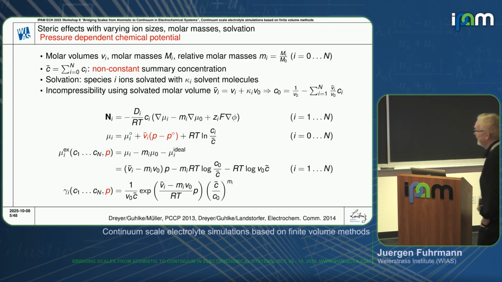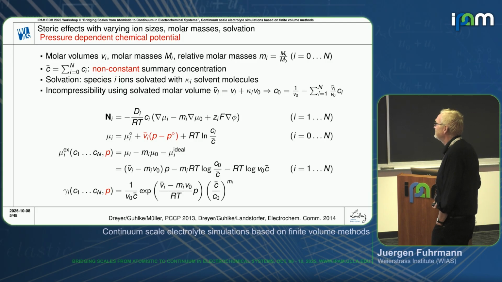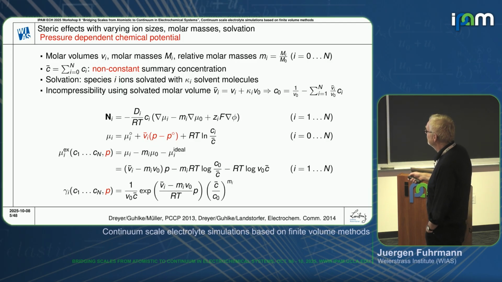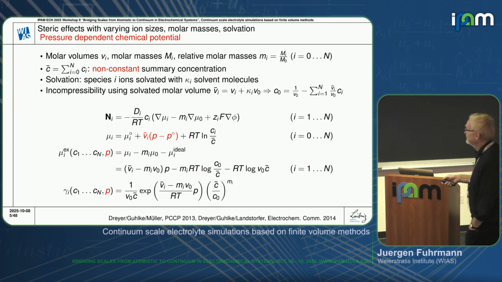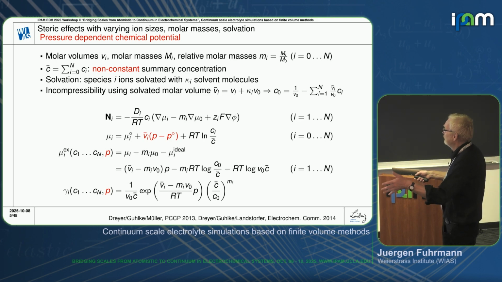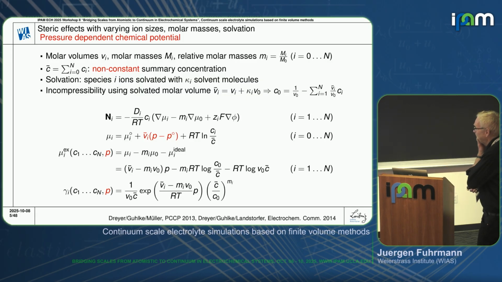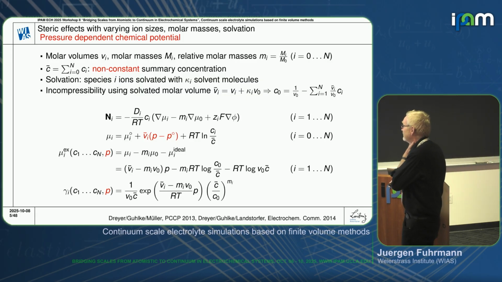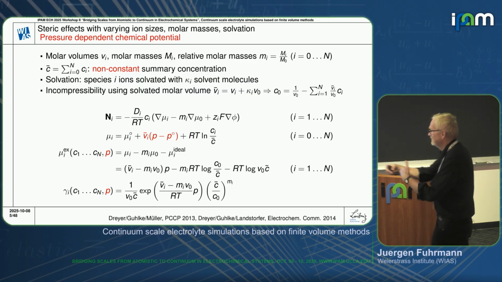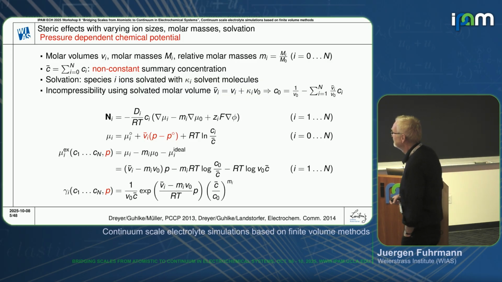So if we write these molar fractions, we need to be aware that this C bar then depends on all other concentrations. And the, let's say, main contribution from this work of Dreyer et al. is the fact that once we derive these chemical potentials from the corresponding free energy functionals, we need to take care of the pressure. Because if we have exchanging volumes, then we get an influence on the pressure.